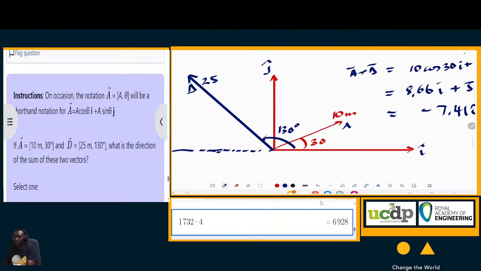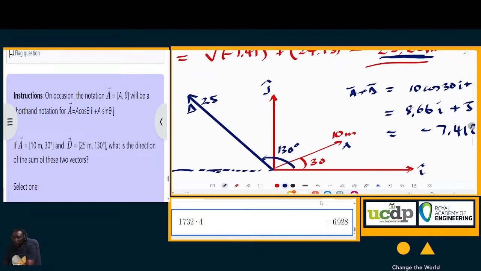But then the magnitude of A plus D, if you think of it, would be something like this. This is your A, that's your D. You would simply draw a parallel vector to A and a parallel vector to D, and you get a resultant vector.